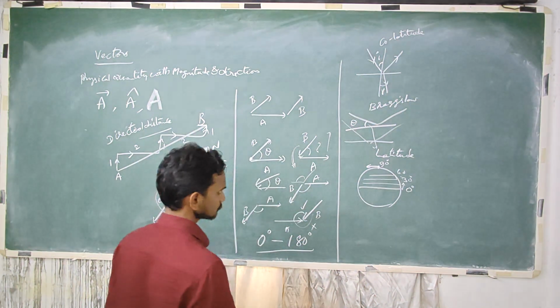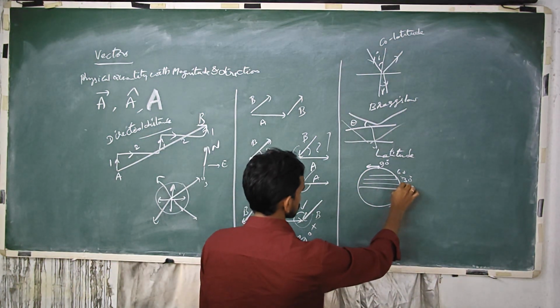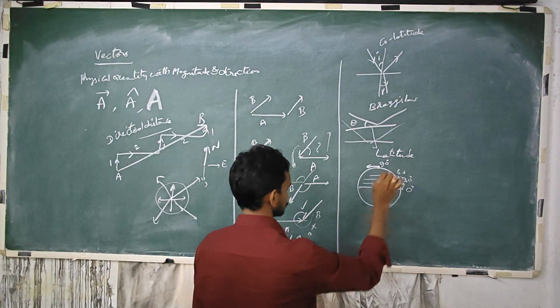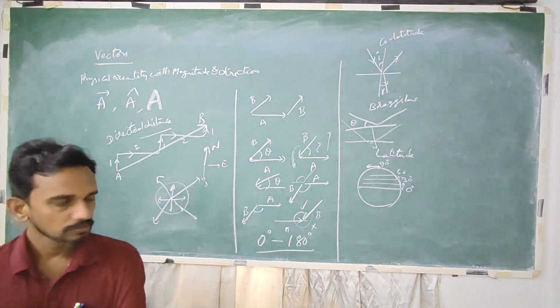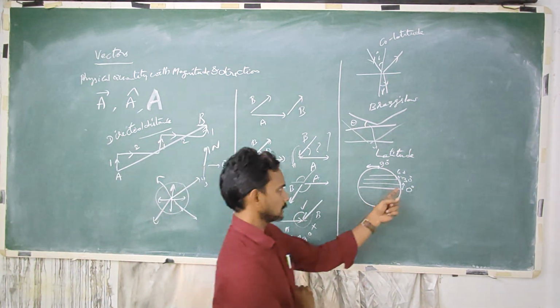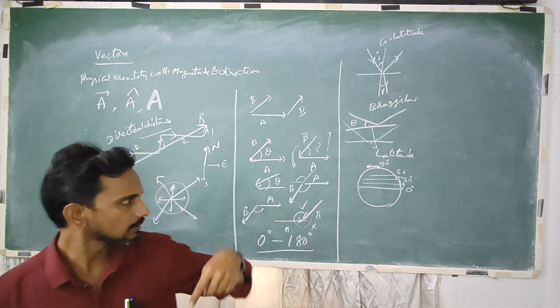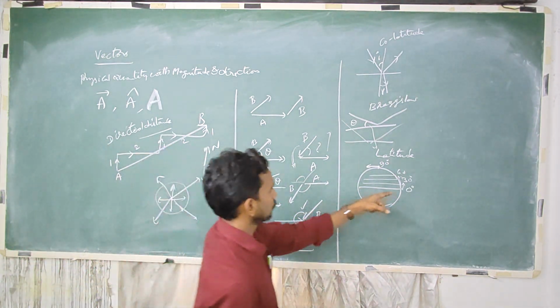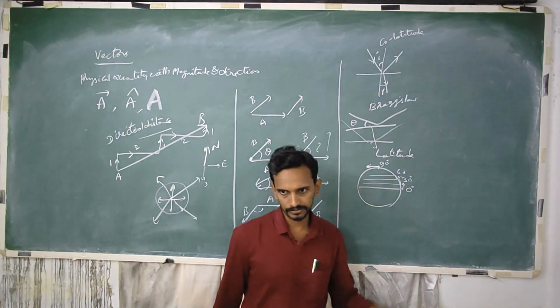Latitude is the angle made with respect to the tangent to the surface. So we are taking equator as a reference line, and from there we are measuring the angle made with the tangent to the surface.